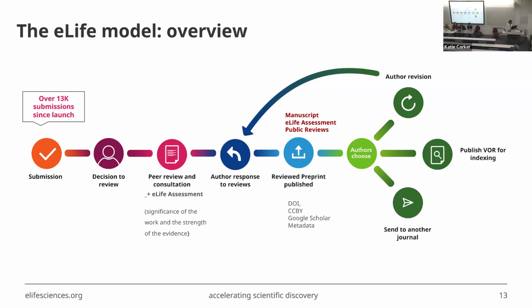There's a decision to review by our editors. We have over 800 editors, and it's a consultative process to decide which articles are sent out to review. Then there's peer review consultation, and we produce something called an eLife assessment, which is the curate part of the model.